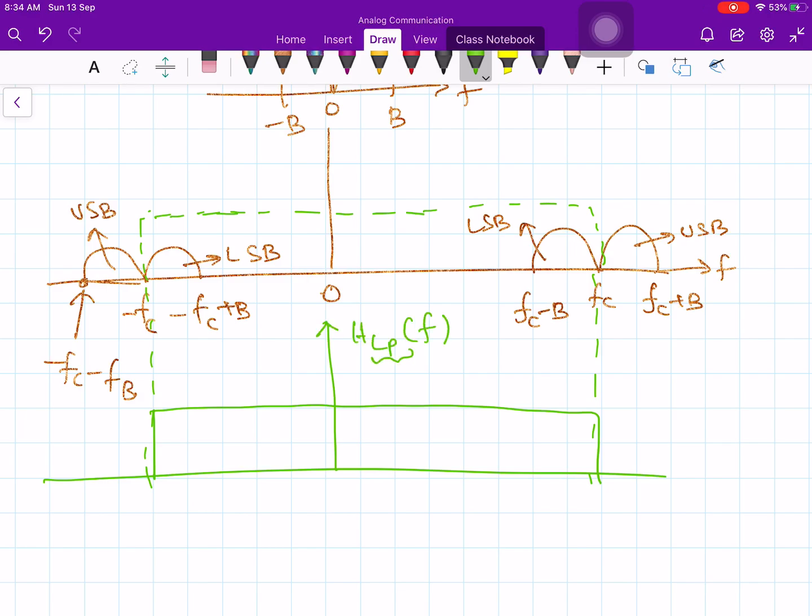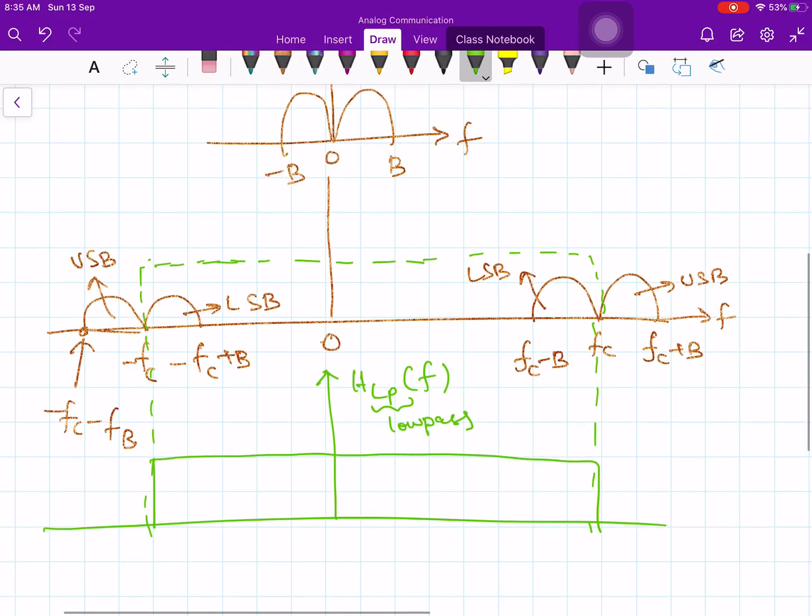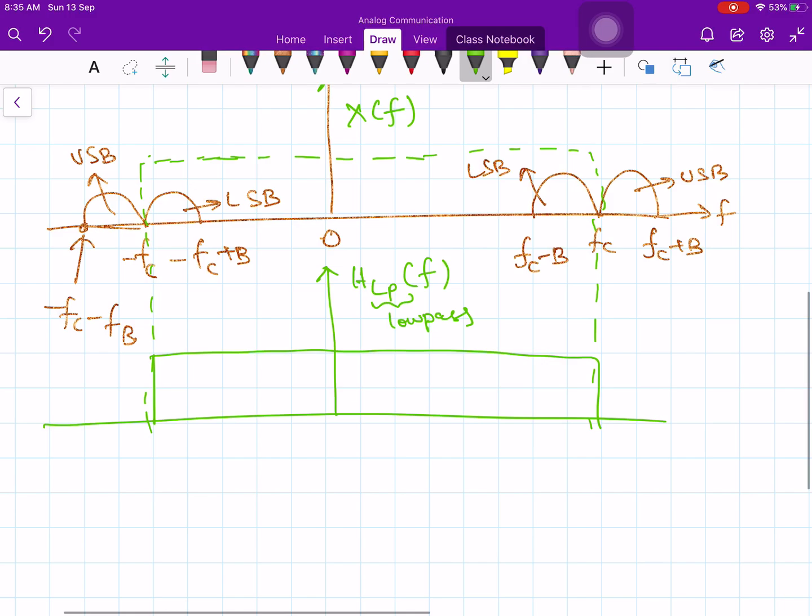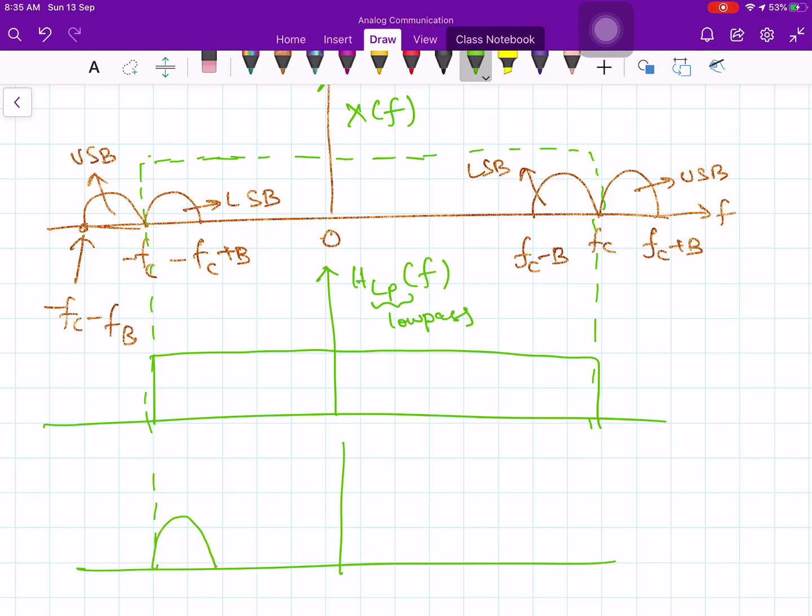LP means low pass. If you multiply, this one is let us say x of f, multiply x of f and the low pass filter, then the output will be like this. Only the lower sideband is retained, the upper sideband is rejected.